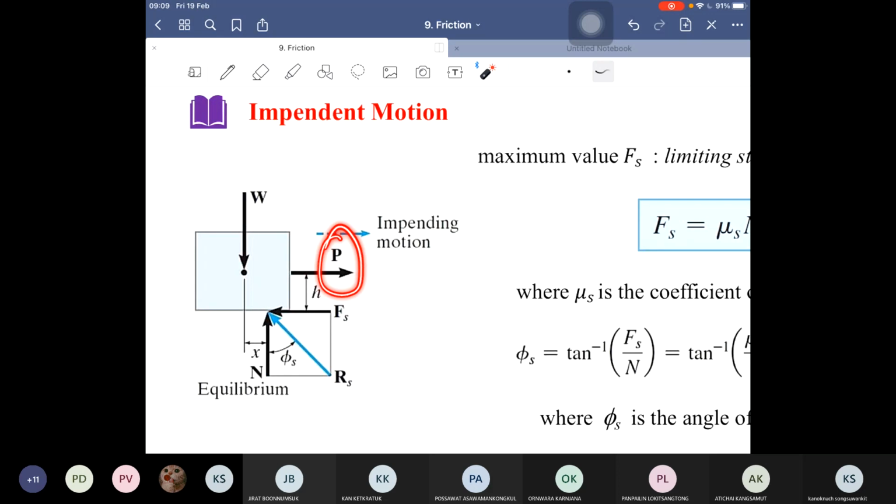Because P and the friction force F must be equal. So if P is greater than the friction force F, this box tends to move. And the direction of movement is the same as P.